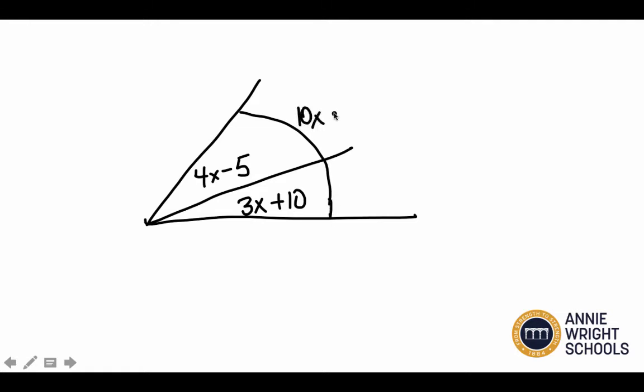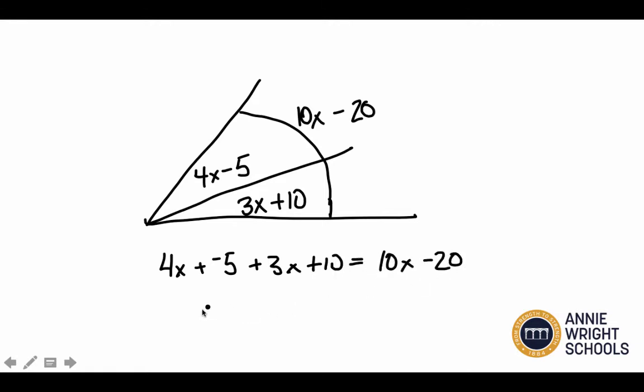Good? And then by the angle addition postulate, we know that 4x plus negative 5 plus 3x plus 10 equals 10x minus 20. That means that 7x plus 5 equals 10x minus 20, and then you would get 25 equals 3x.